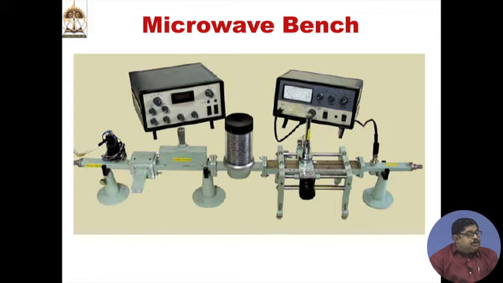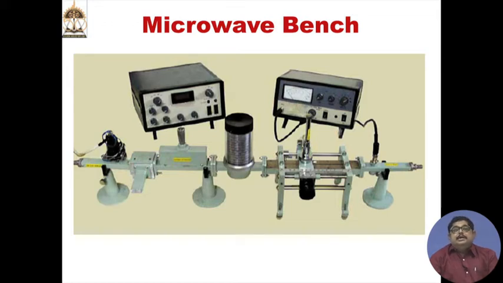After the source there is an isolator. The source needs to be isolated, because any source is a low impedance device. If any reflected wave comes, depending on the impedance level of the load, and you have a sizable amount of reflection, a lot of power can come back to the source, and being a low impedance device, it can be destroyed. So, the isolator is a preventive measure for this.